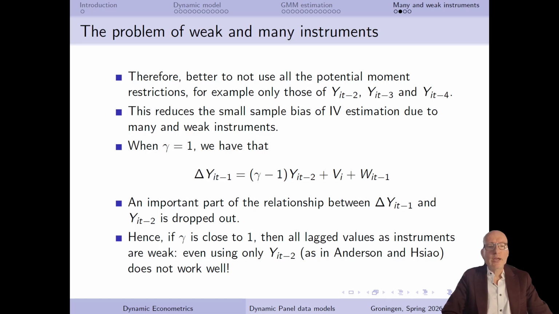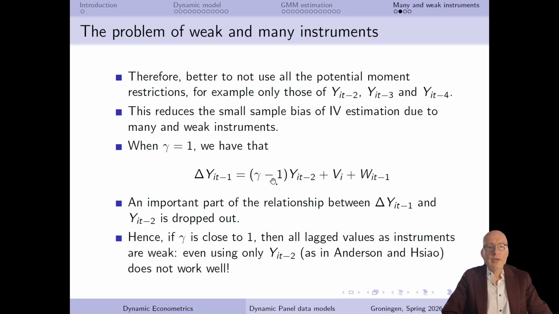However, we should take into account that there is one special case, and that is a situation in which gamma becomes close to 1. Well, gamma can never be exactly equal to 1, but suppose that gamma is exactly equal to 1, then we have the special case of a unit root. Then the relationship for delta y_{i,t-1}, which we know is equal to gamma minus 1 times y_{i,t-2} plus v_i plus w_{i,t-1}, changes.